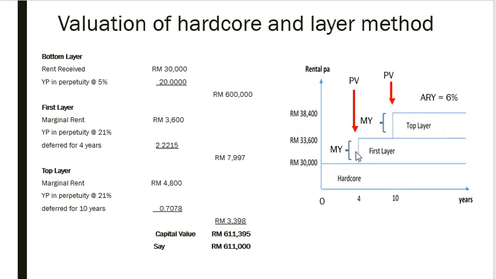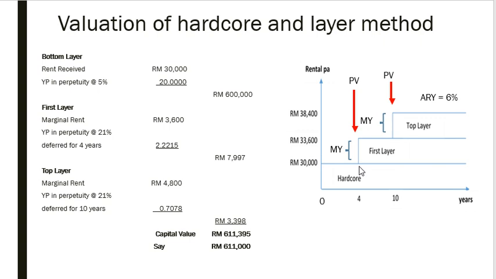Instead, because we're using marginal rent here, we need to use the marginal yield. We have calculated earlier that the marginal yield would be 21%. So we are going to use the YP in perpetuity, since it is forever, at 21% because we are using marginal yield, deferred for 4 years.